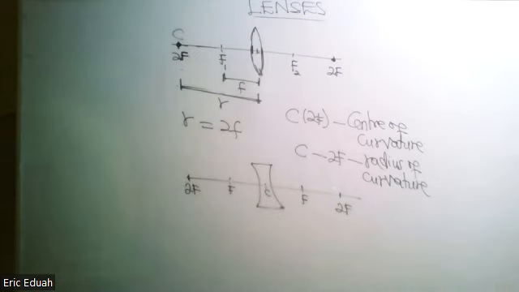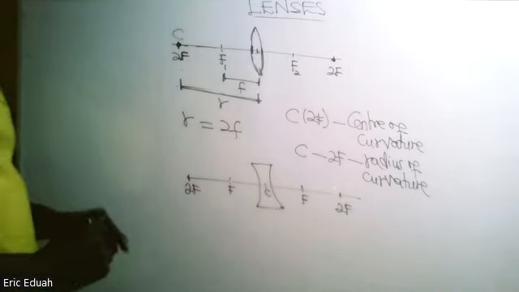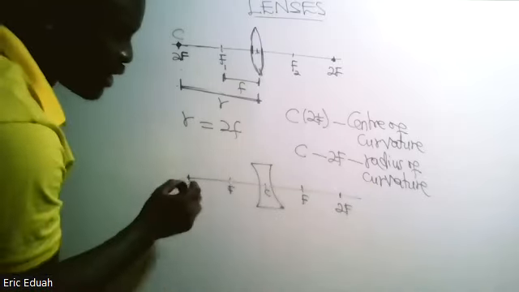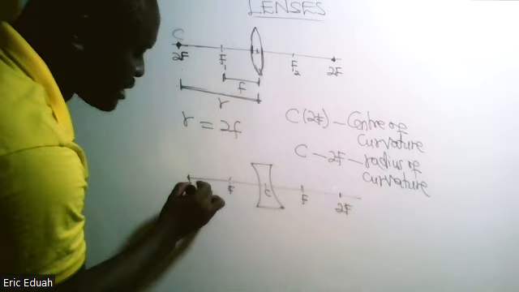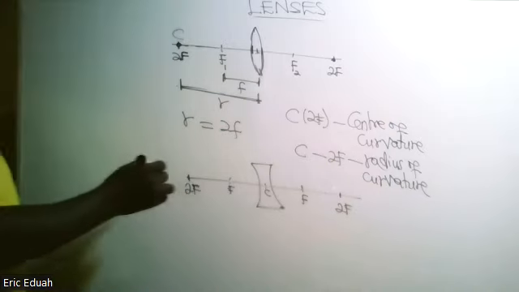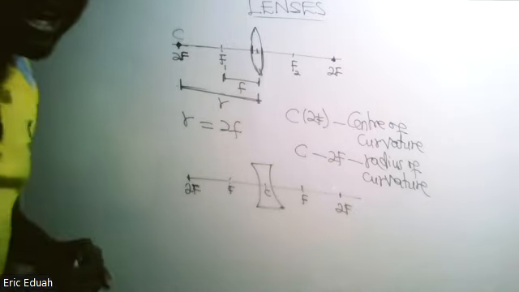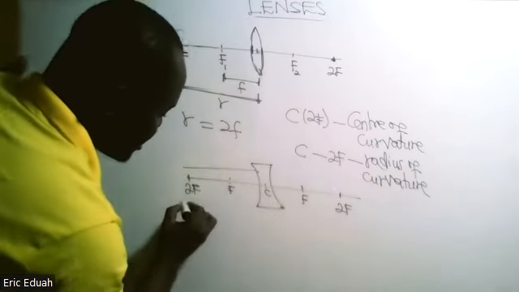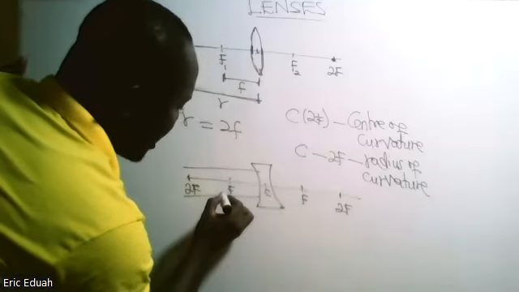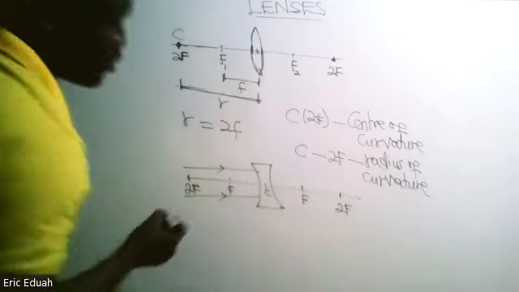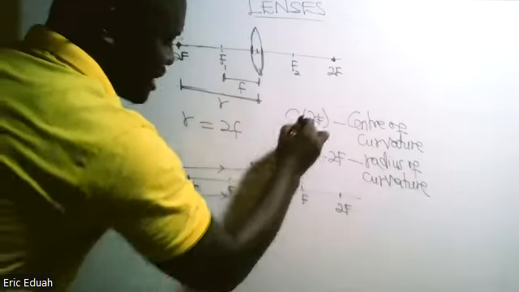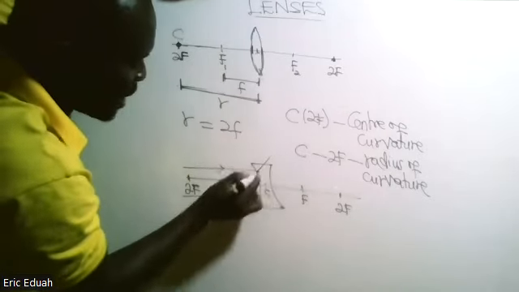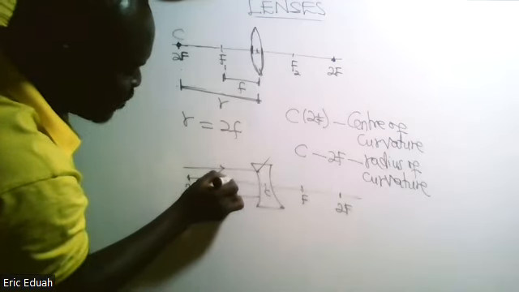The only thing is that for concave lenses, F and 2F, the focal point and the center of curvature, are virtual. Because if I send paraxial rays to it, this will refract it. But the refraction always appears to be refracted from this point.